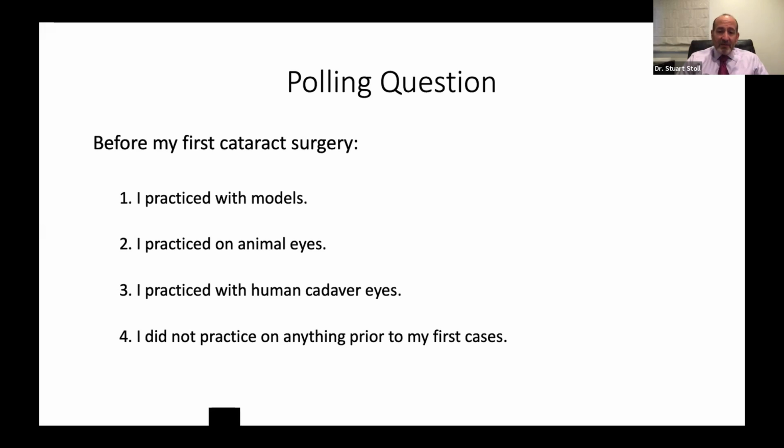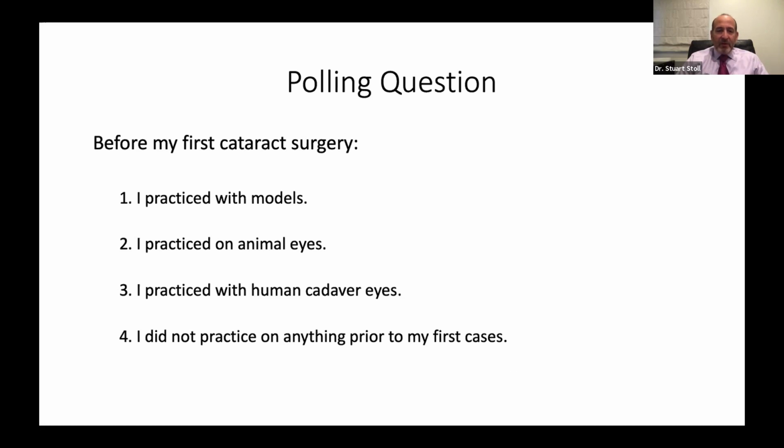But honestly, they're just kind of gross, and they're just not realistic. Human cadaver eyes, I practiced on those with some of the early MIGS cases because that's what Glaukos brought in, and that was just not the best experience. I think in this day and age, it's not acceptable to not practice on anything.